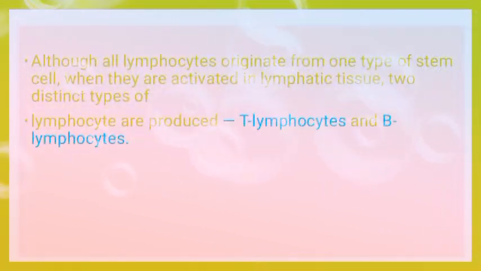Then the B lymphocytes are the types of lymphocytes that are essential in humoral immunity. When you say humoral immunity, this is the immunity that works with the antibodies to fight against infection and foreign invaders. And when you say cellular immunity, in this case, we mean the type of immunity that uses the cells to fight against infection and foreign invaders, like those that we talked about in the granulocytes.